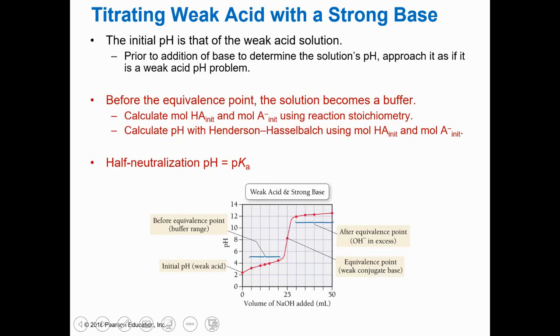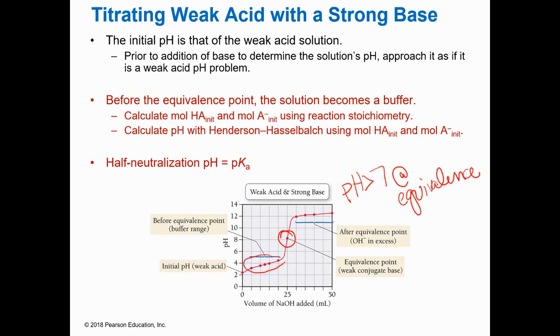All right, for weak acids and strong bases, I'm just going to need you to be able to identify on one of these titration curves the parts. So first off, notice the pH is greater than 7 at equivalence. Okay, so you need to know that. Also, these flat regions are going to be called buffer ranges.